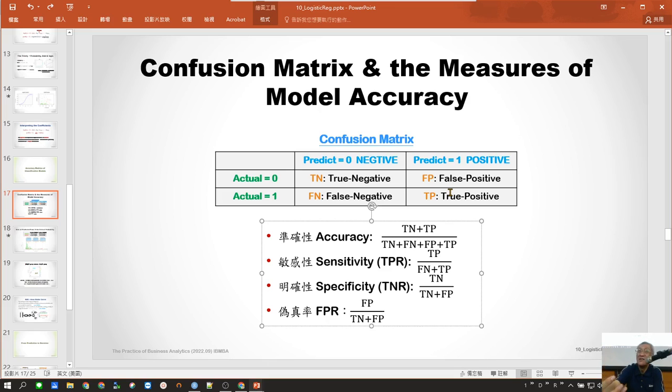Sometimes in some applications, sensitivity is more important. In other applications, specificity is more important. It depends on your business application.